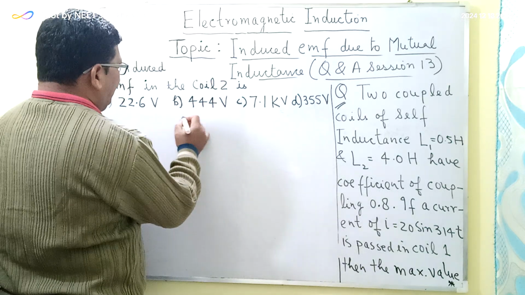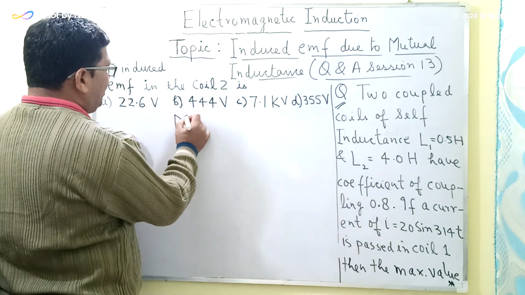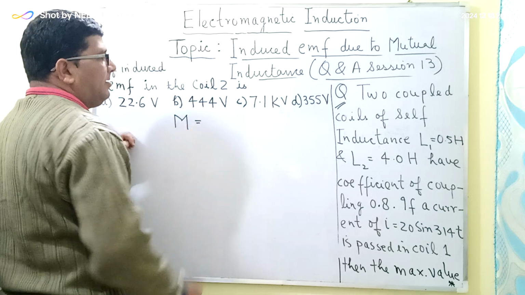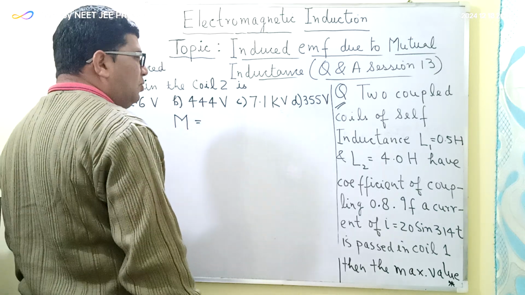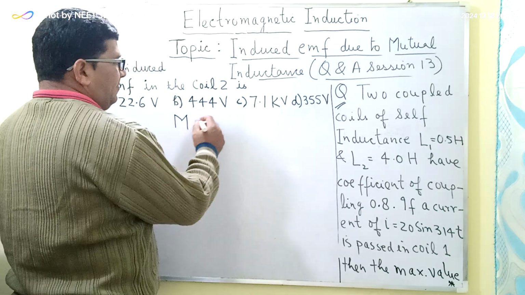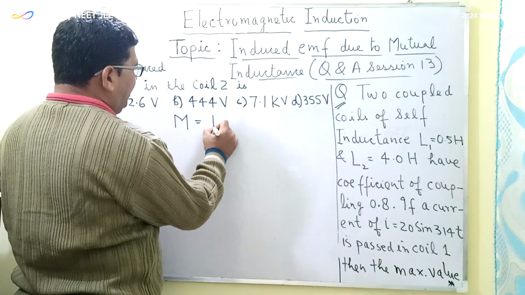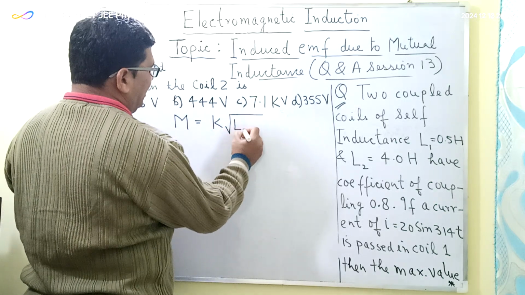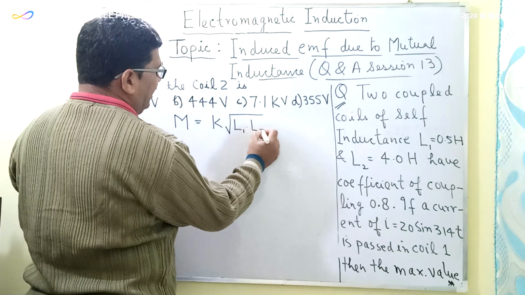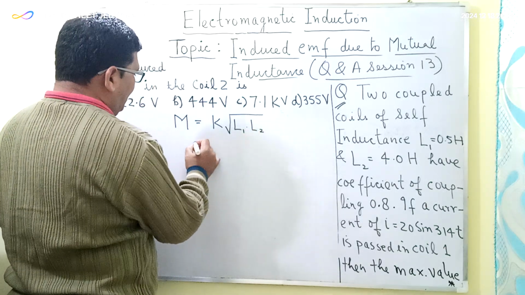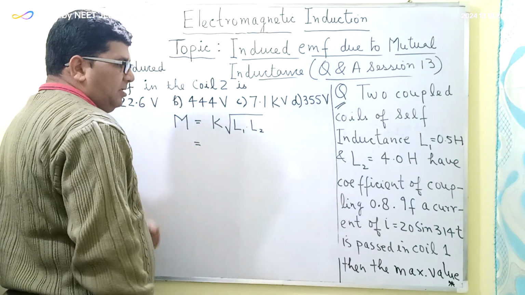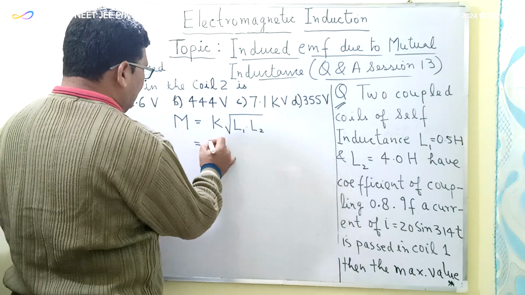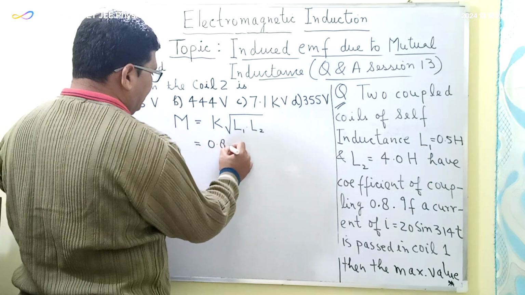In the previous session, we learned that the mutual inductance of the two coils is given by M is equal to K under root L1 into L2, where K is the coupling coefficient, which is equal to 0.8 in this question.